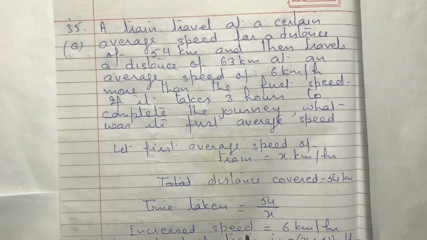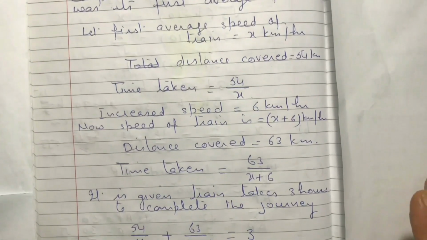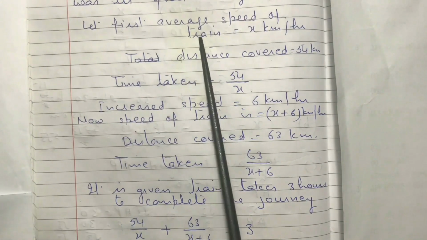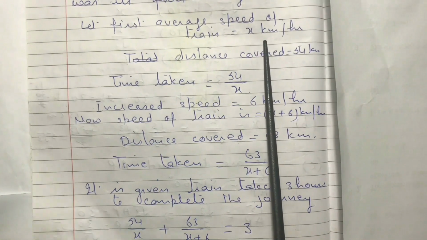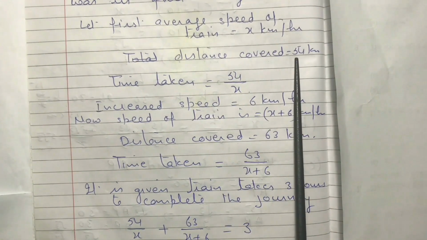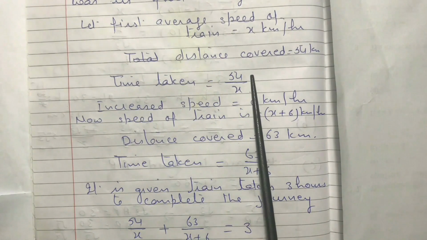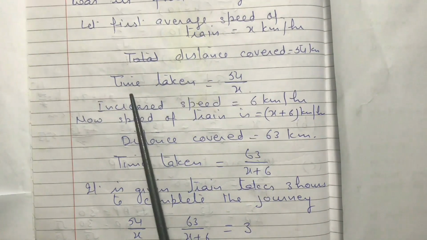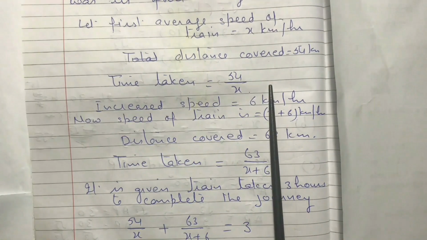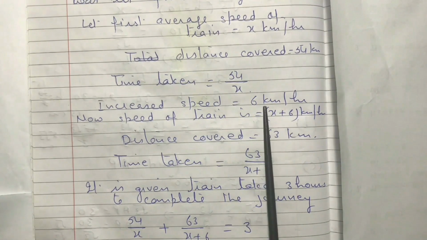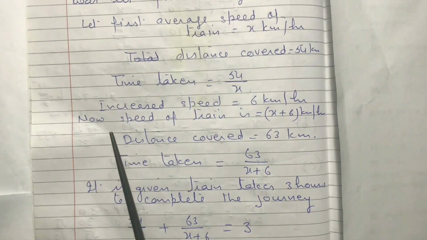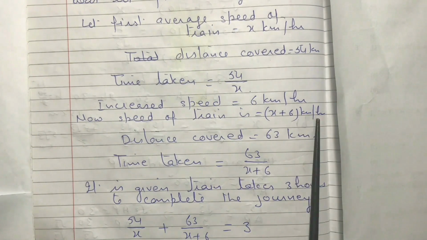Now I have written it here. Let the first average speed of the train be x kilometer per hour. Distance covered is 54 kilometer. So time taken is 54 by x hours. And now increased speed is 6 kilometer per hour. So now speed of the train is x plus 6 kilometer per hour.